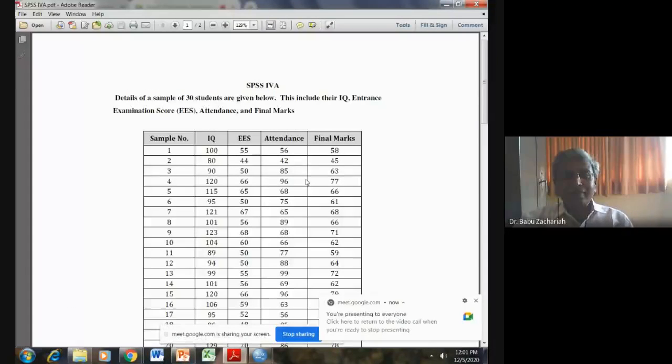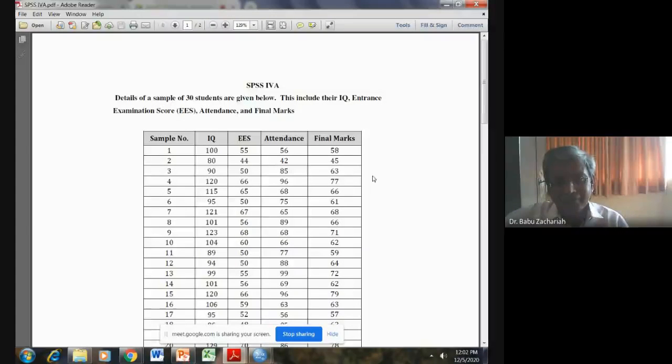Our next exercise is SPSS 4A. It is about entrance examination and attendance in the class, and also IQ of students and final marks.